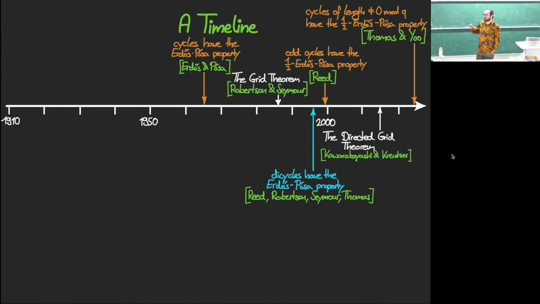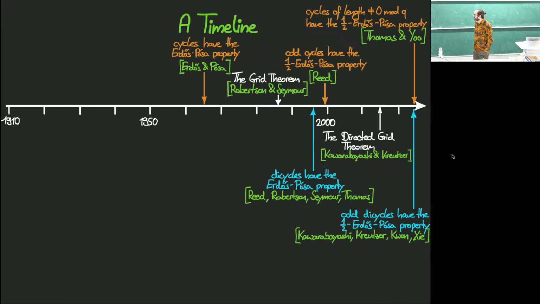And again, now having access to this fundamental tool in directed graph structure theory, we could also replicate Reed's results, by Kawarabayashi, Kreutzer, Kwon, and Shi. So now we know that odd directed cycles have the half-integral Erdős-Pósa property.